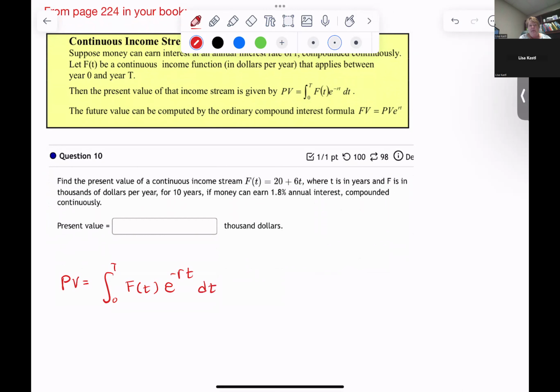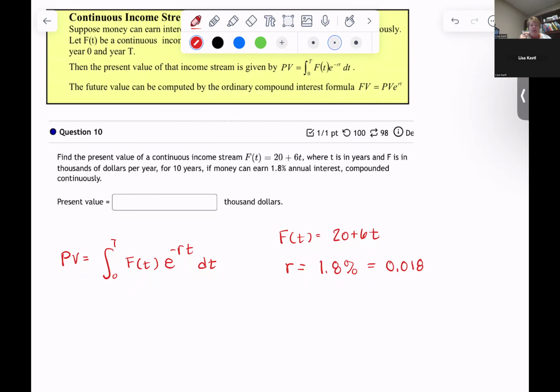And they give us the continuous income stream function, f of t is equal to 20 plus 6t. They also give us the interest rate r. The interest rate r is 1.8%, which we are going to write as a decimal, 0.018. And then we're going to be looking at this investment for 10 years.